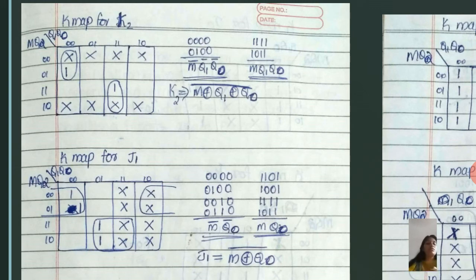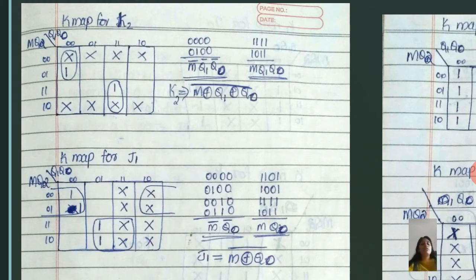For the second group, it is a normal one. You can group with two ones, but as I already said, if you are adding more members in a group, you can reduce the variables in a term. That's why we are grouping two ones and two don't cares to get a group.